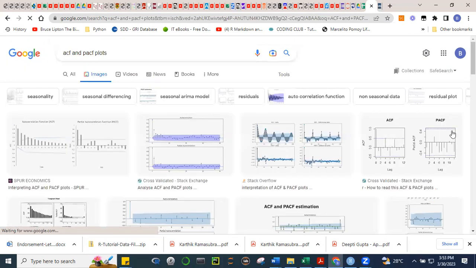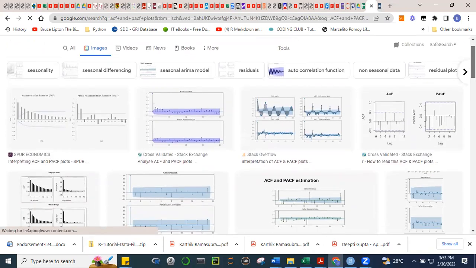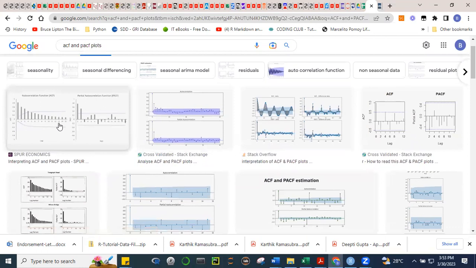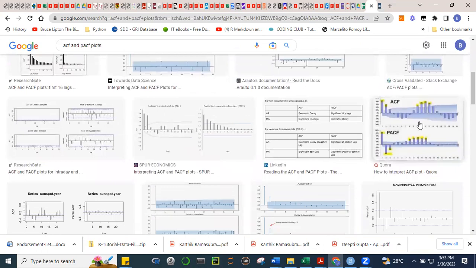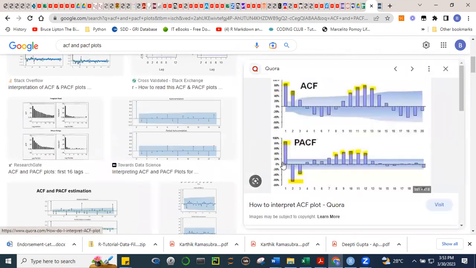For example, this one. Okay, so you have ACF and PACF. Now we're going to use this. Take a look at this one, for example.